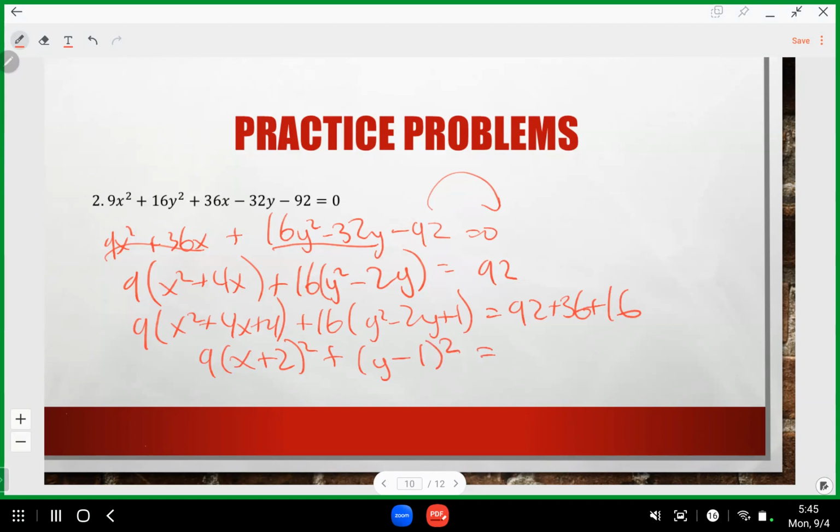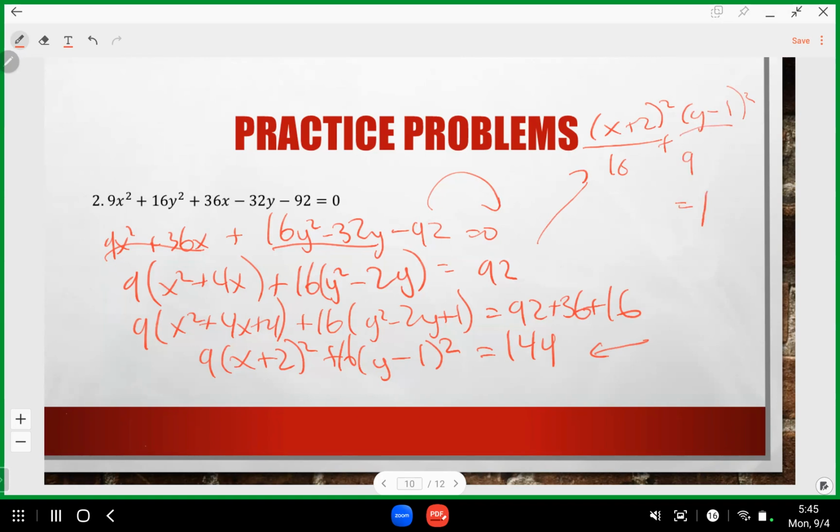I have no idea, but it's like 144, I think. Now you are going to have to make this 1. By dividing everything by 144, you get (x plus 2) squared over 16 plus (y minus 1) squared over 9 is equal to 1.